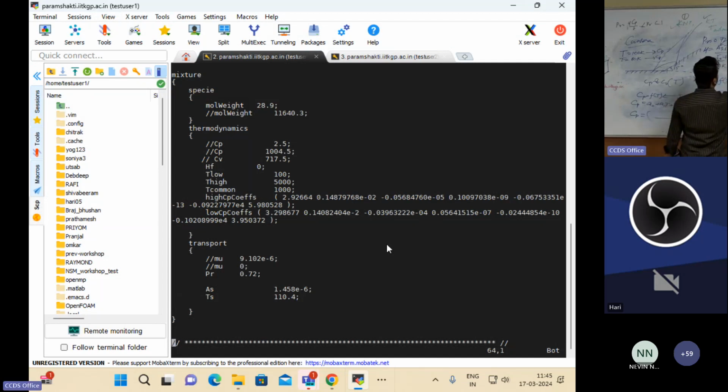The unit is Pascal seconds for this whole expression. So these constants, remember, are valid for air and nitrogen. For other species, let's say if you want to solve for carbon dioxide or oxygen, you need to find these constants from literature and substitute accordingly over here.